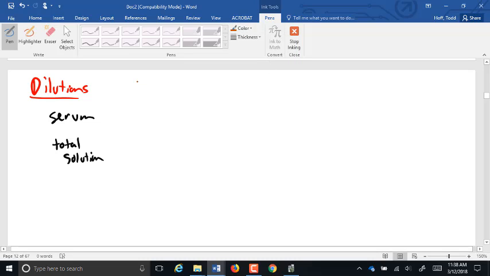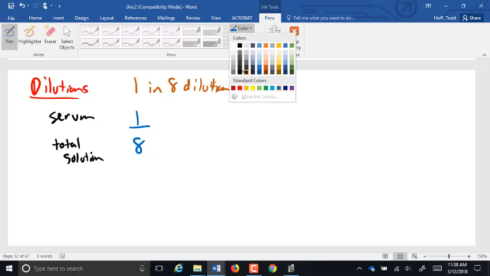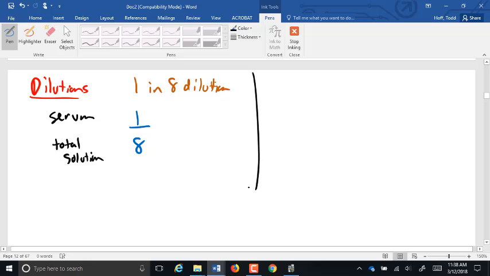So let's say we had a 1 in 8 dilution, then that would have meant 1 part serum for every 8 parts total solution. Or the other possibility, rather than a serum, a pure medication to a total solution, we might have diluted an existing solution.